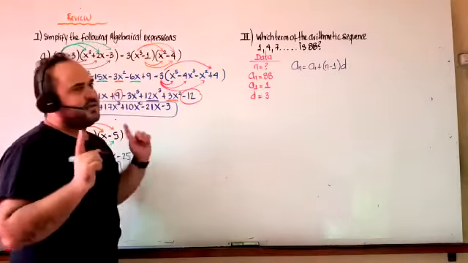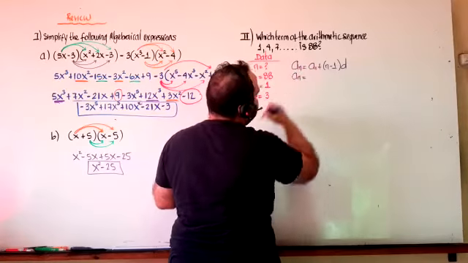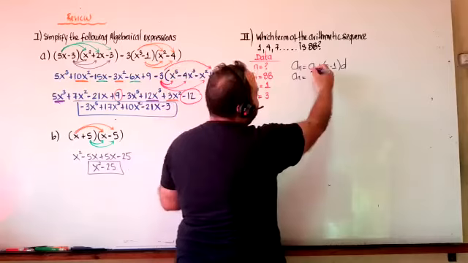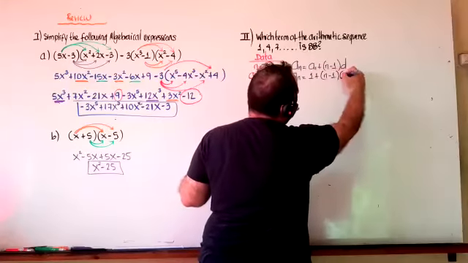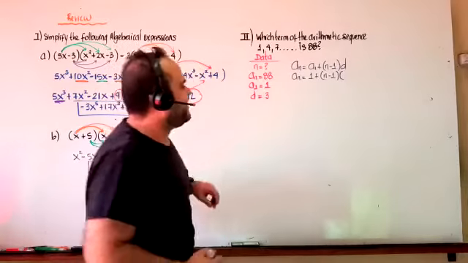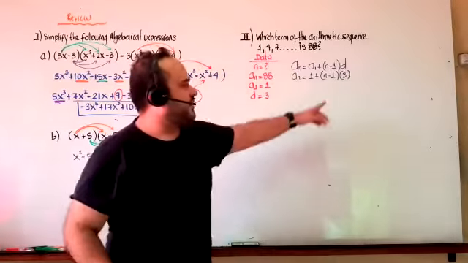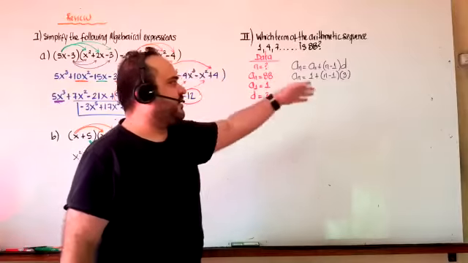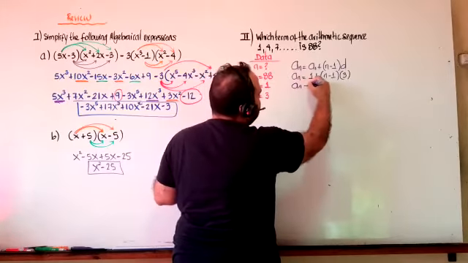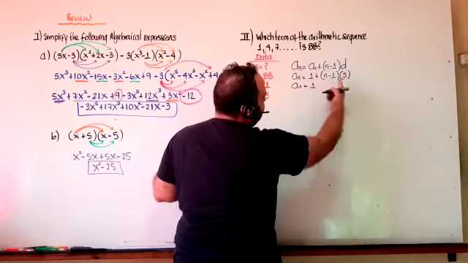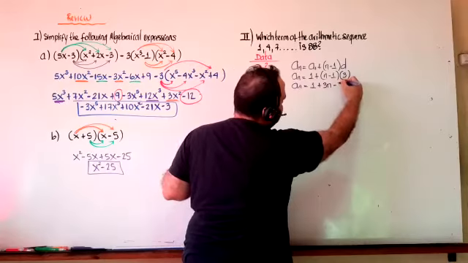We're going to create the equation. an equals a1, which is 1, plus n minus 1 multiplied by d, and d is 3. We can apply the distributive property: 3 multiplied by n minus 1. So I copy the first term, 1, then positive 3 times n is 3n, and positive 3 times negative 1 is minus 3.